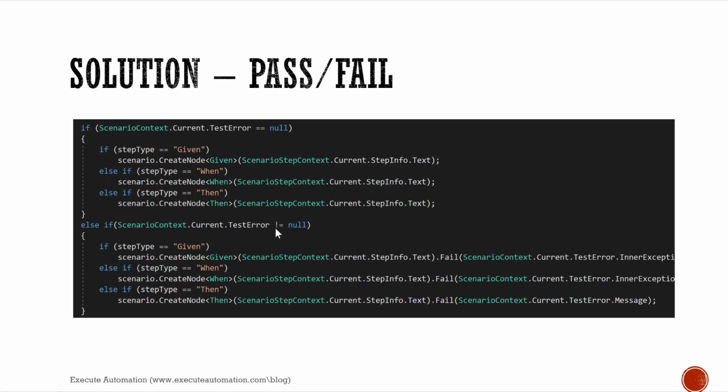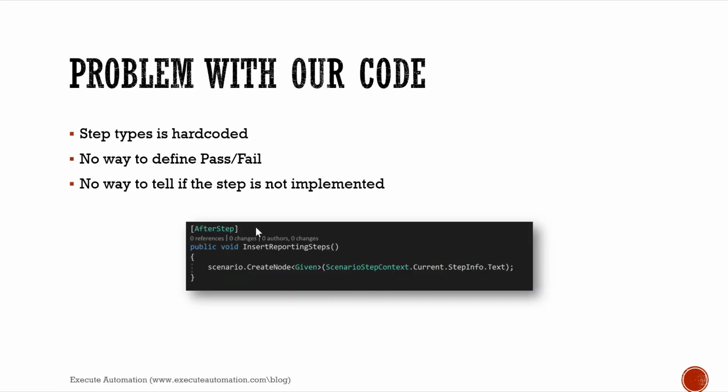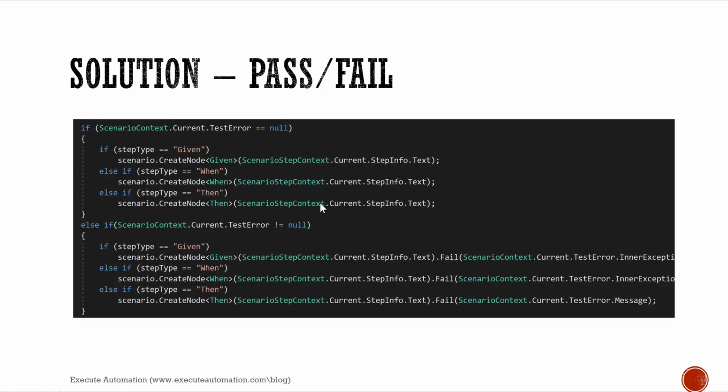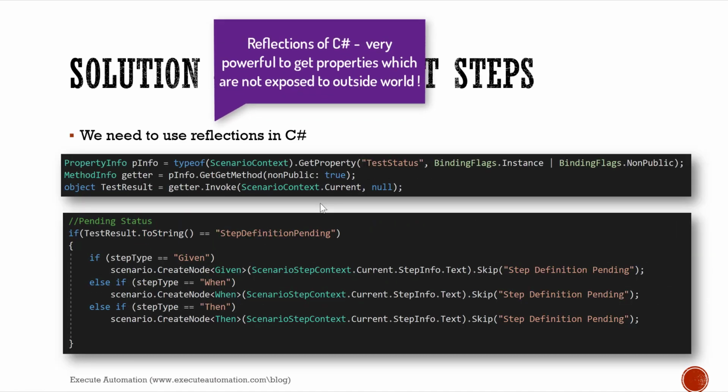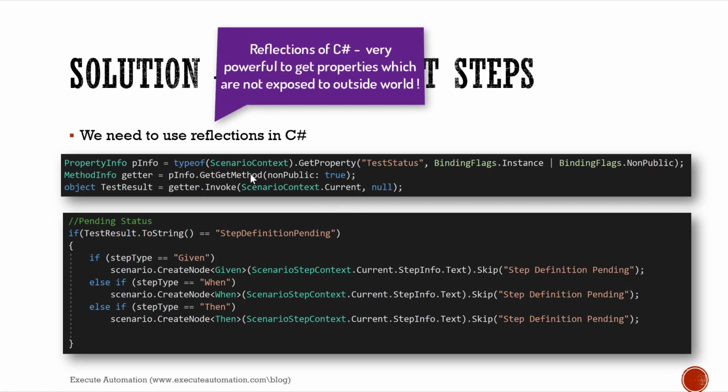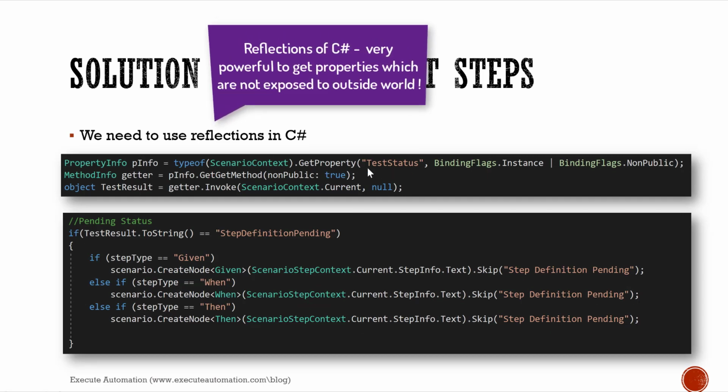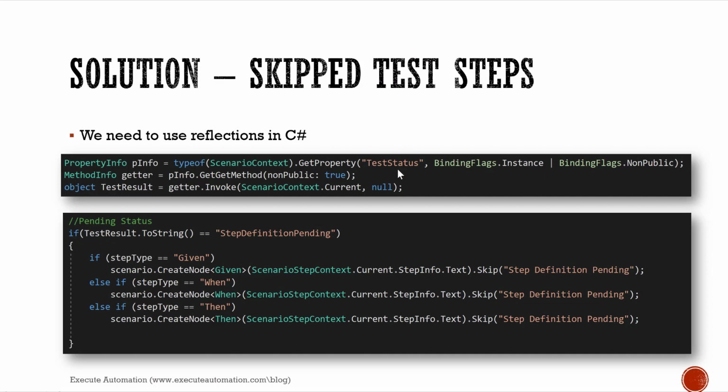And finally, the last solution is for the problem that there is no way to tell if the step is not implemented. For doing that, we need to make use of what is called reflection in C#. First of all, we need to get the property called test status. This test status is not a publicly exposed property of scenario context, so we can get that particular test status using reflection.